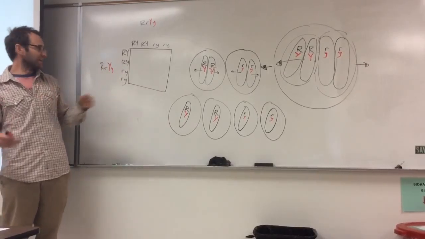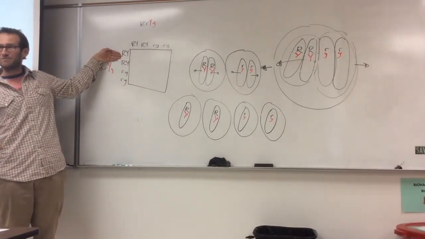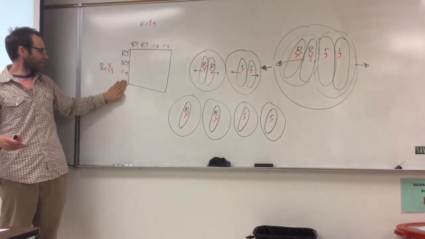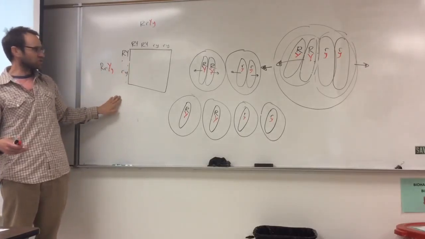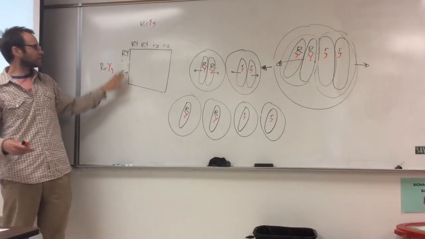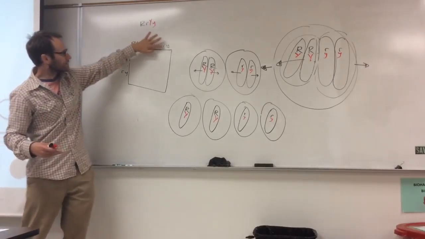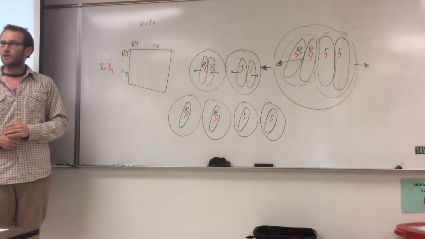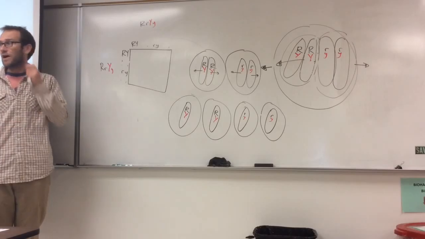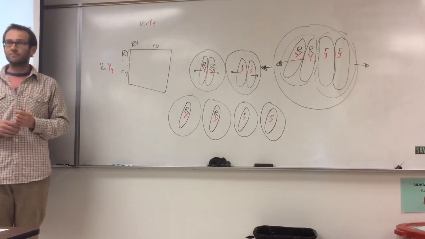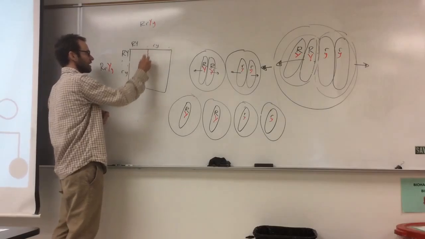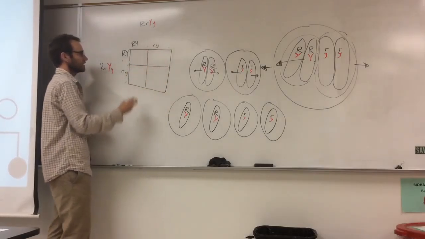Or you can recognize that these are exactly the same and these are exactly the same. So the reality is I could just do a 2 by 2 Punnett square. Either way you want to do it is fine.